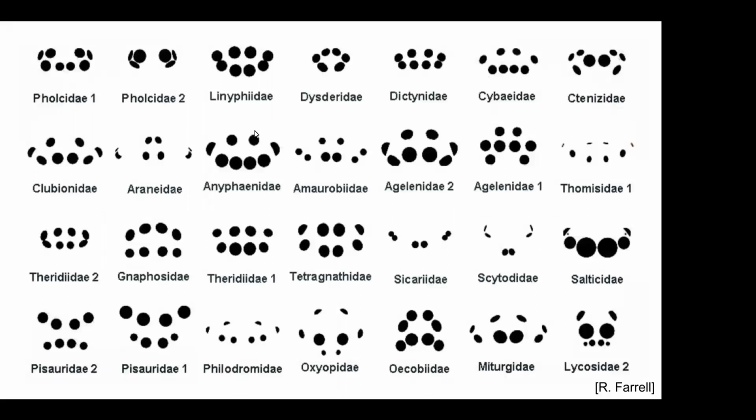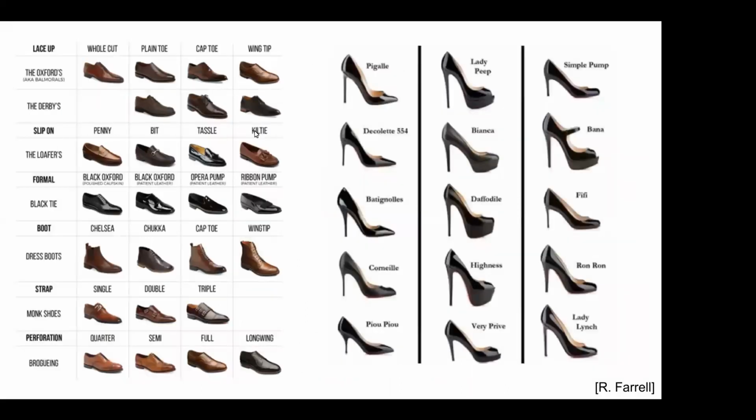These domains are quite fascinating. For example, this is a rather cryptic looking figure also from Ryan. Can anyone guess what this is showing? So this is actually a diagram of eyes of spiders. So these are actually different in cardinality, they're different in geometry. For the most part, they have bilateral symmetry, but this is an example of a very fine-grained category. Outside of biodiversity, you can find interesting fine-grained categories in e-commerce.